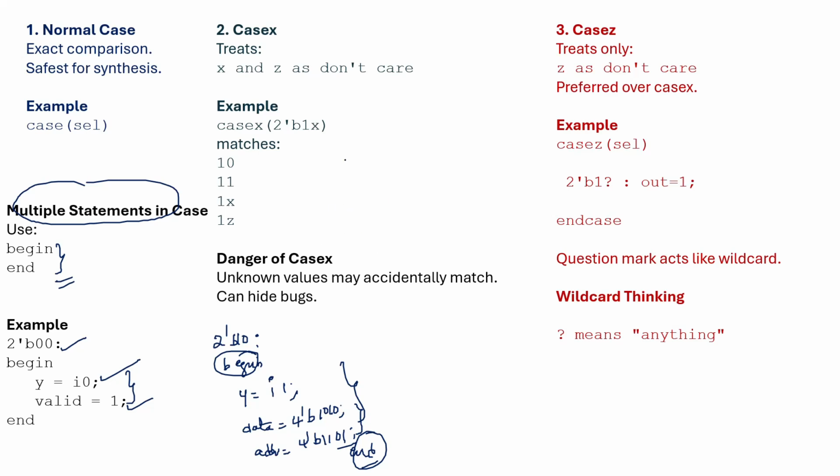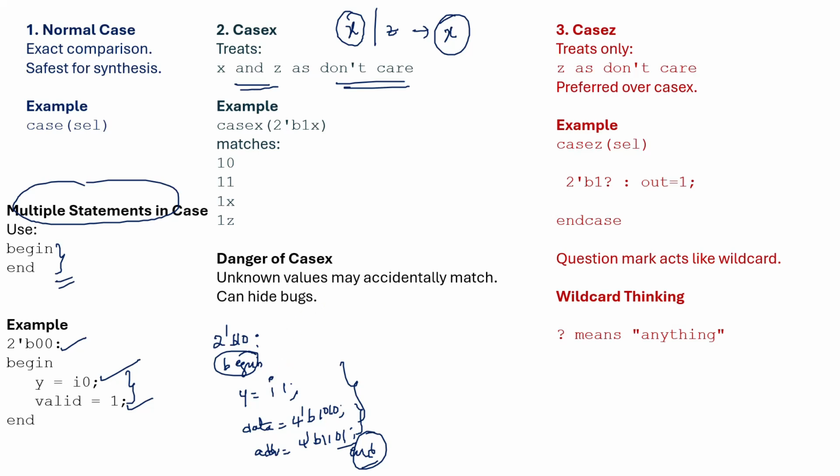Clear? But with casex, if you take an x value or z value, it will always be treated as a don't care value. Why do we not go for casex? It gives you hidden bugs, because some bugs will be hidden as it matches accidentally.